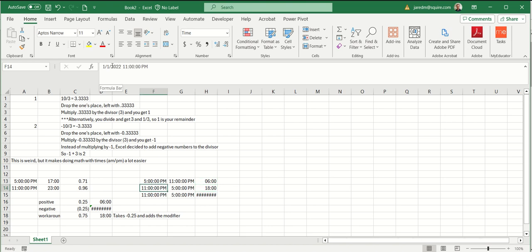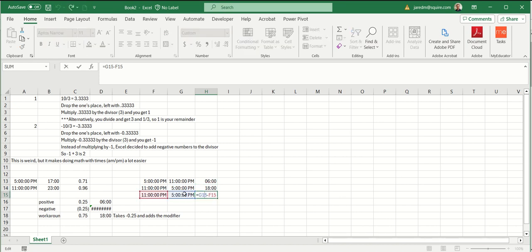I can just do the math right there, and boom, I'm good. Likewise, if I have a day attached, if I say on January 1st at 11 p.m. to January 2nd at 5 p.m., if I subtract those, so if I go January 2nd, 5 p.m., minus January 1st, 11 p.m., that will give me 18 hours. But if I do that same thing, 5 p.m. and 11 p.m. here, I'm given this error because I don't have a day associated with these two.